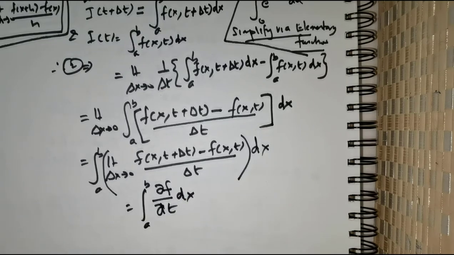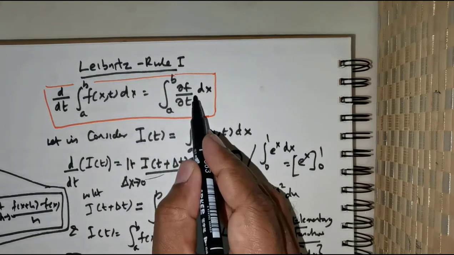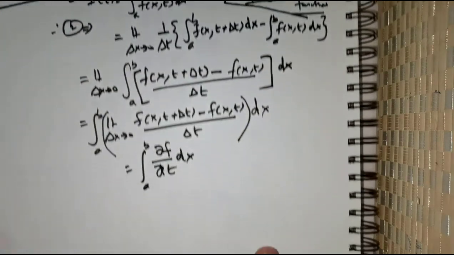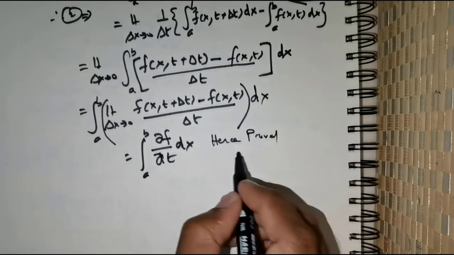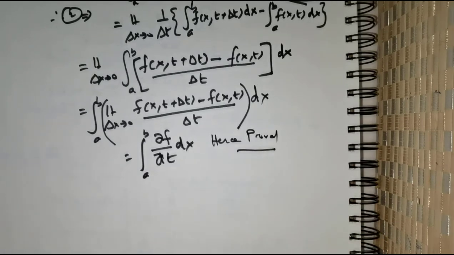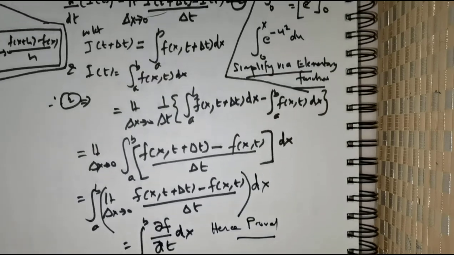And this is exactly what we started with. This is the Leibniz rule, and hence proved. So this is a powerful concept, and we will apply it in solving complicated questions.